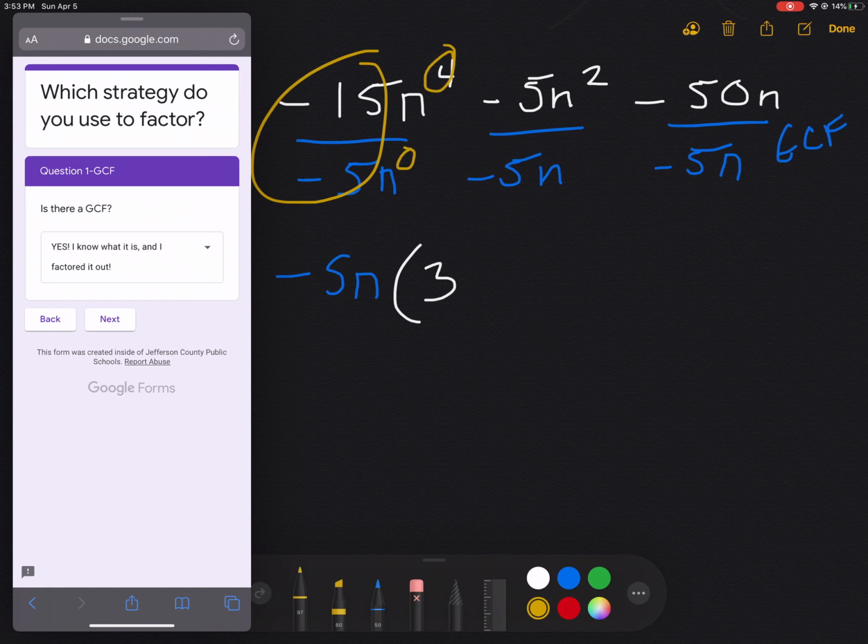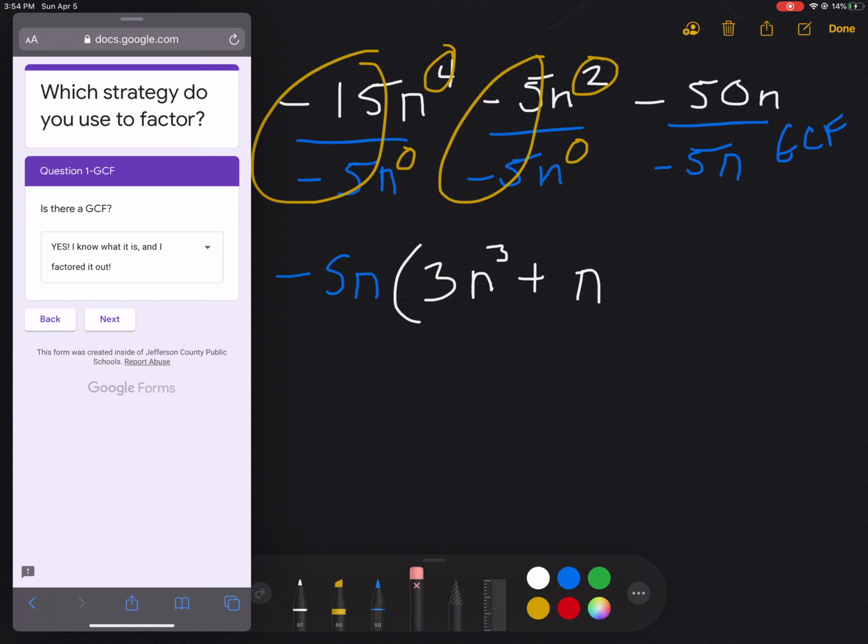I factored out 1 n, so that means I have 3 n's remaining. I have a -5 divided by a -5, which is going to give me a +1. And I had 2 n's. I factored out one of them, so that means I'll have 1 n remaining. And remember, we like things as short as we possibly can in math, so I'm going to ditch that 1 because we don't really need it.